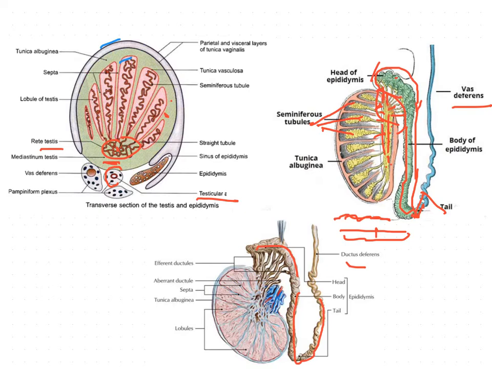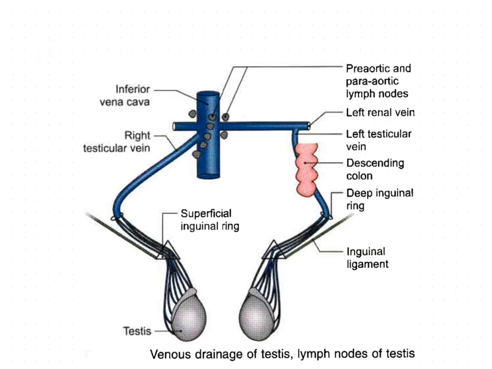Now we will see the venous drainage of the testis. The veins from the testis form the pampiniform plexus. Like a vine, it forms a pampiniform plexus.